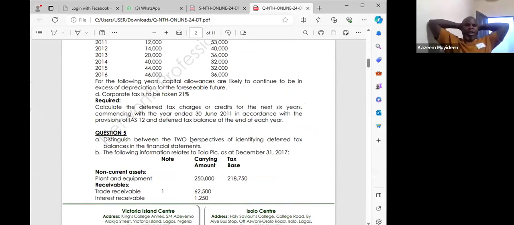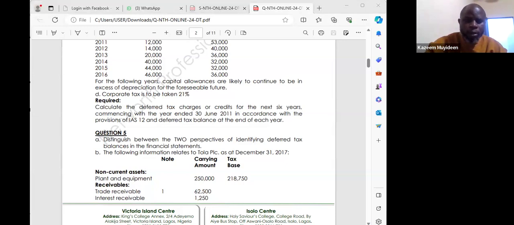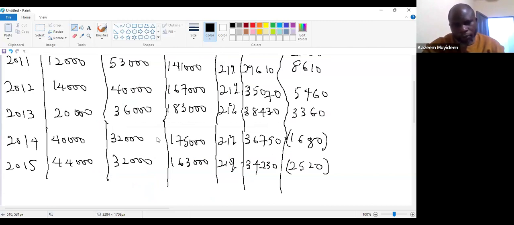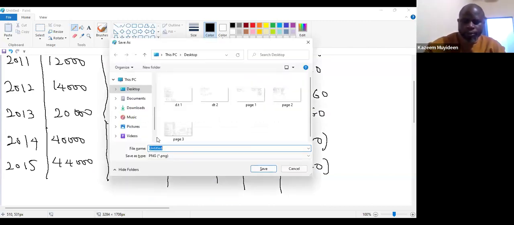Distinguish between two perspectives of identifying deferred tax balance in the financial statement. Okay, let me save this. B3 save. So what I'm saying.